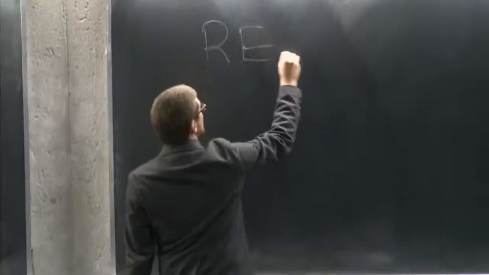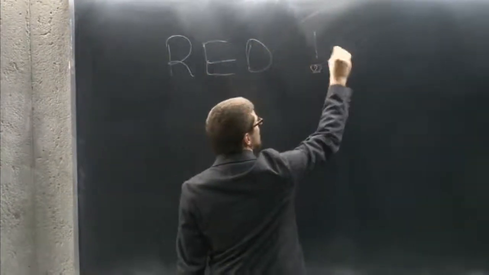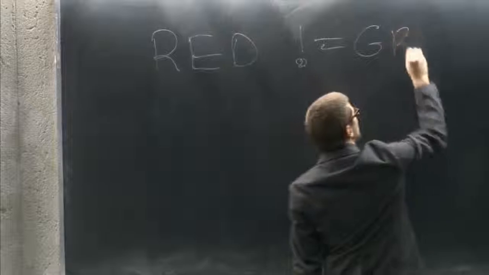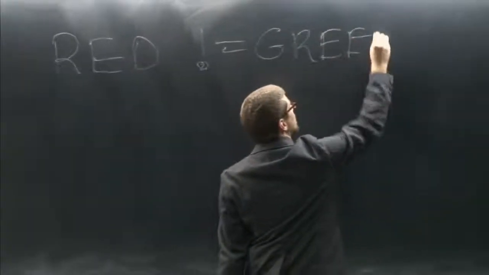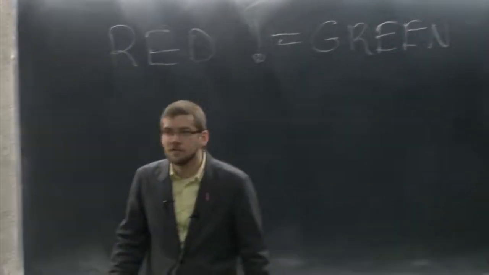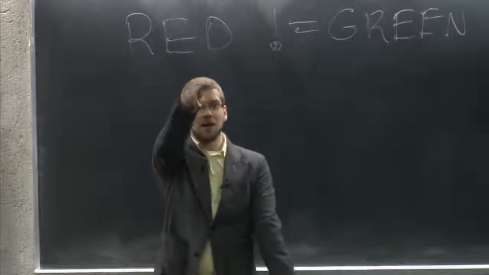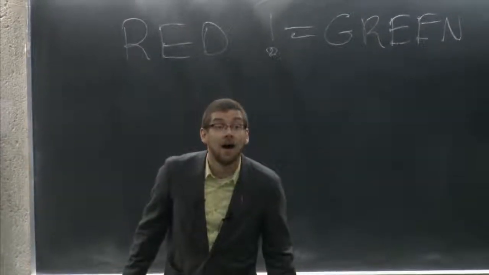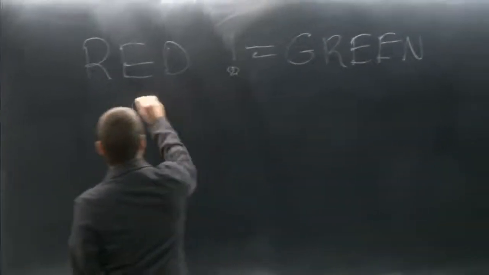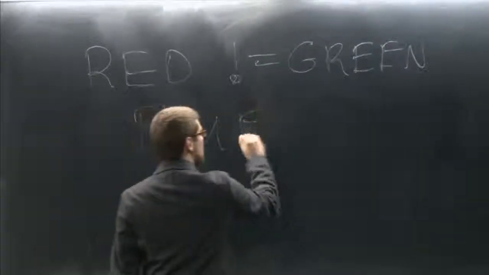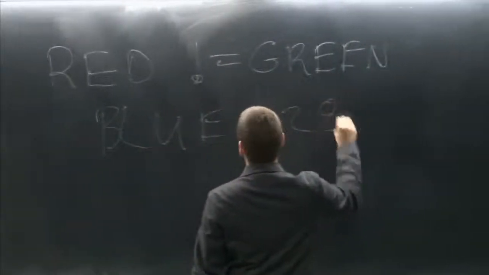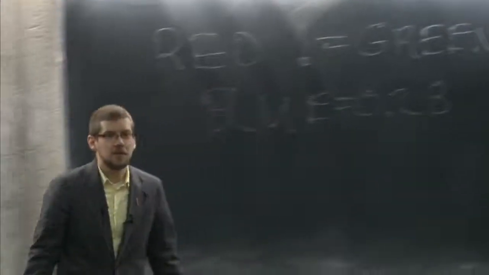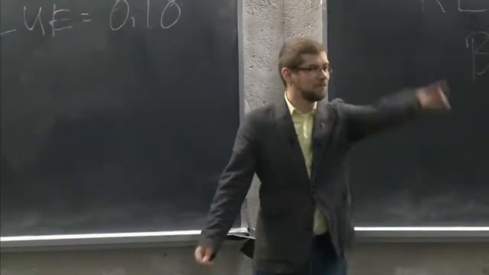Oh, okay, red, I'll write it like this, not equal to green. Other ones? In the back, sir? If blue is 0.28. Somebody give me one with a greater than or a less than, please.